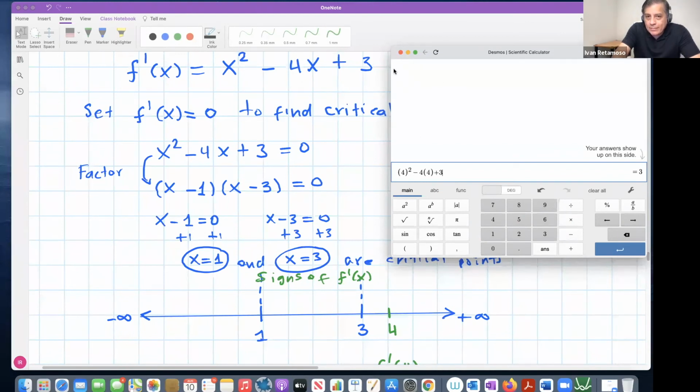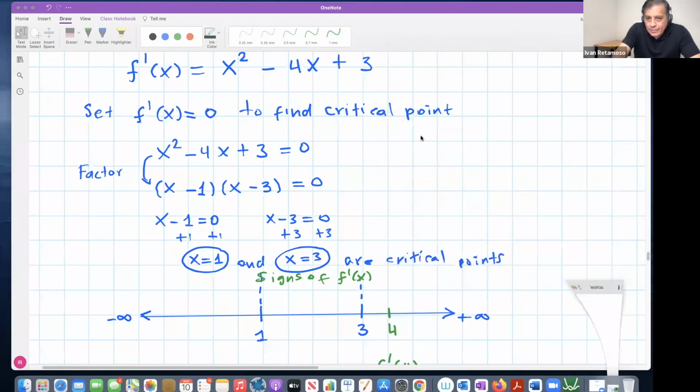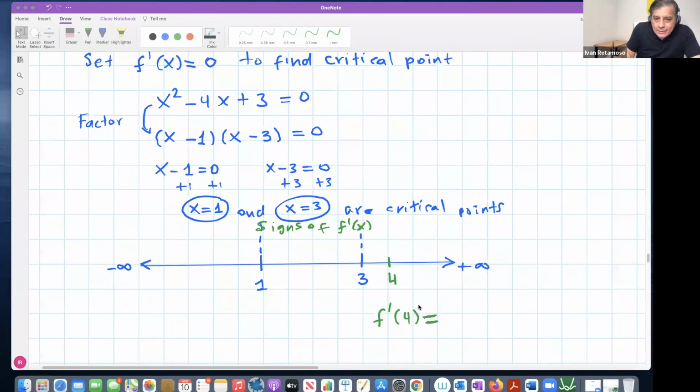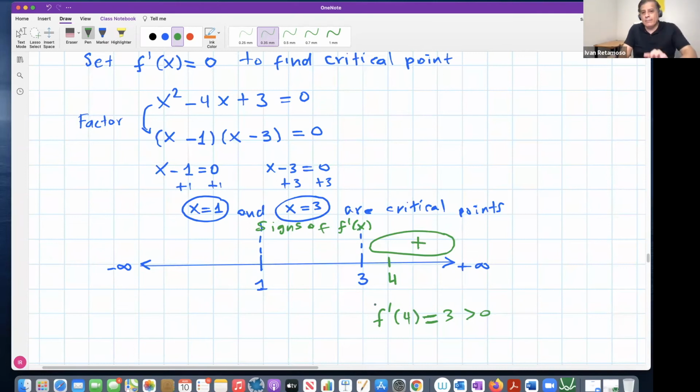Positive number 3. So let's hold it. This means that this whole sub-interval, let's call it, will have positive derivative, okay?